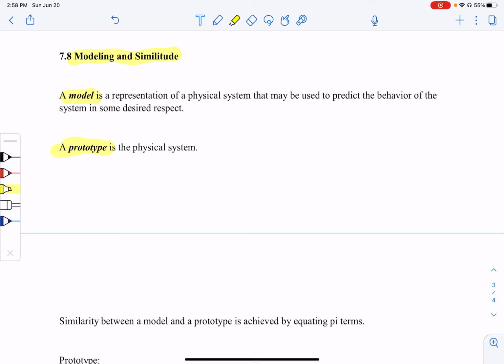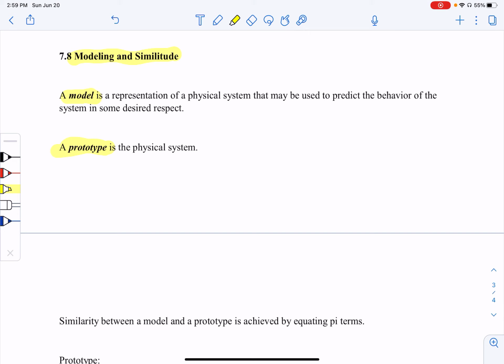The first one is a model and the other one is a prototype. The model is a representative of a physical system that is used to predict the behavior of the system we are trying to study. And a prototype is the physical system.